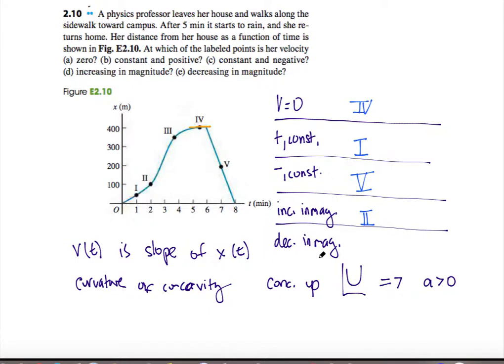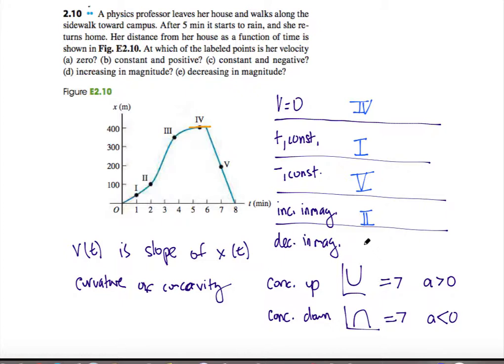Similarly, if I want to look at decreasing in magnitude for my velocity, I'm looking for a section where my graph is concave down. And so again, that would look something like this, where I have a downward facing U. This tells me that my acceleration is negative for that region, and therefore my velocity should be decreasing in magnitude.